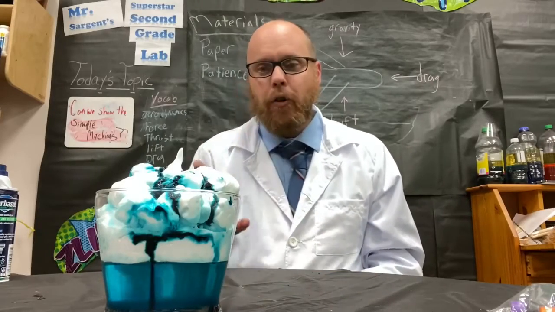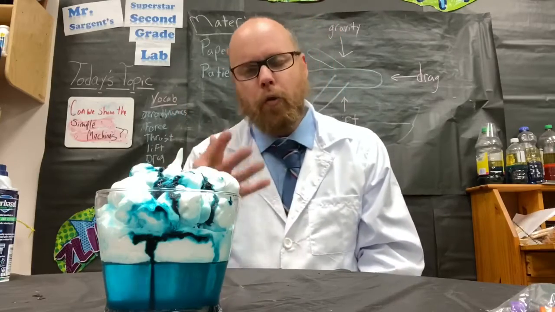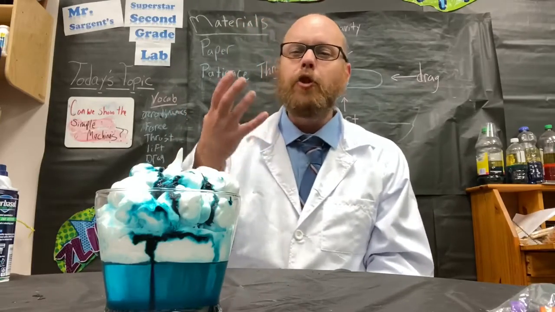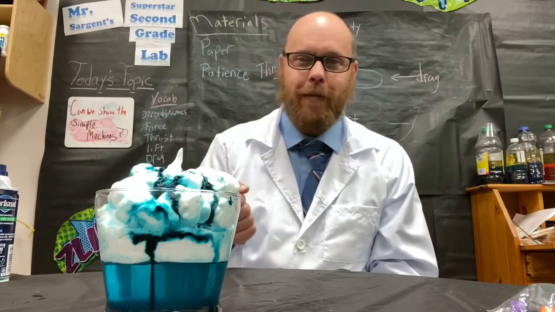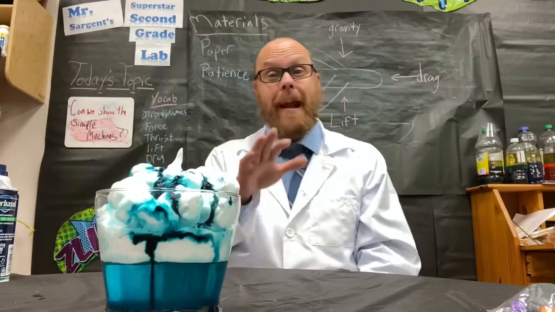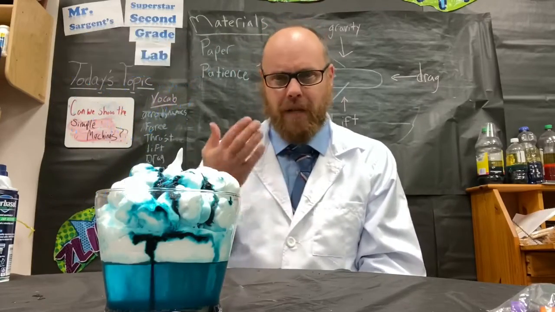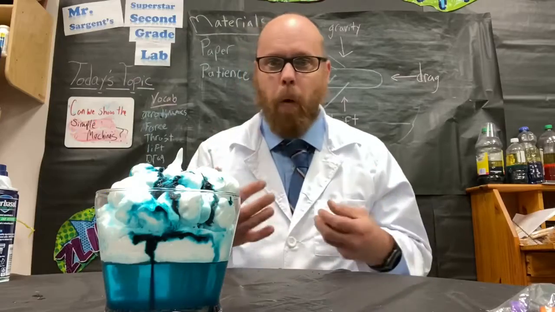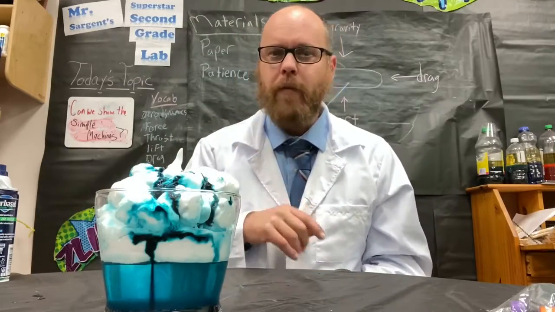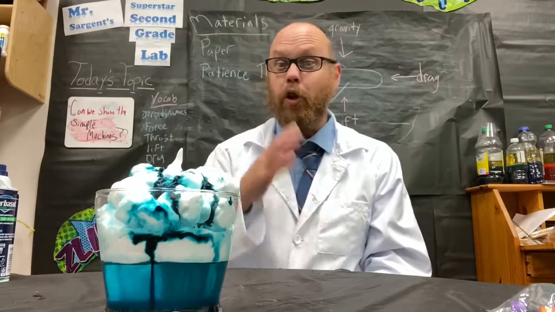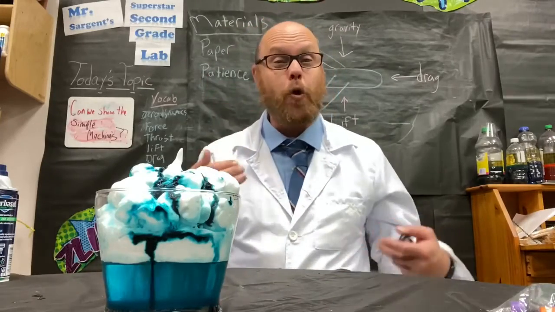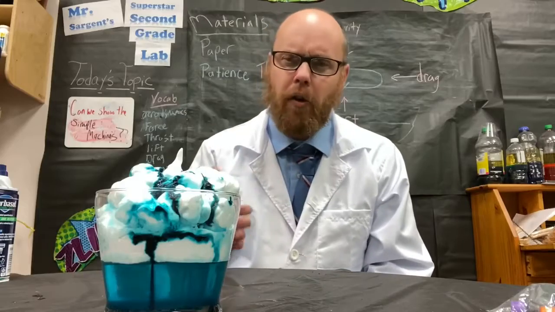Now, as we look at our cloud, we could see that after a while, the food coloring mixed in with the water got a little too heavy, so it fell through the cloud of shaving cream. This is the same thing that happens in every cloud, all right? Every cloud that brings precipitation is going to at some point get a little too heavy. Now, you've seen this before. If you've ever seen a cumulus cloud or a cumulonimbus, which is a storm cloud, it gets a darker color, doesn't it?